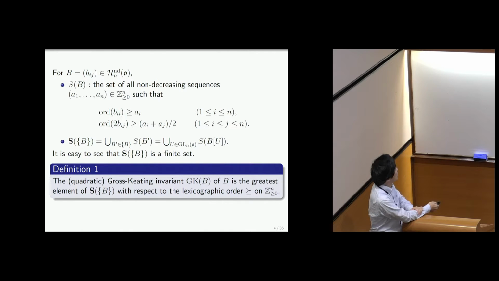So we can define the Gross-Keating invariant as the greatest element of S({B}) with respect to the lexicographic order for the non-decreasing sequences.